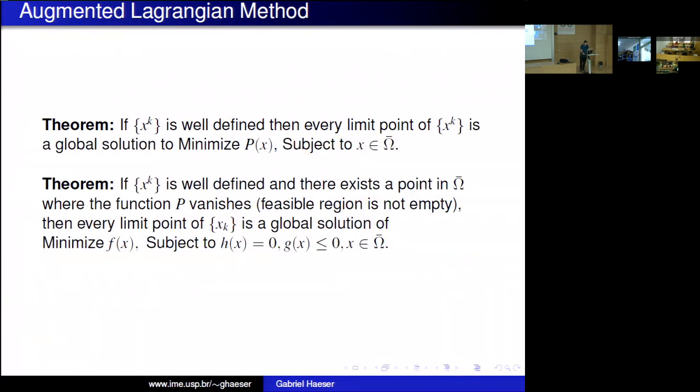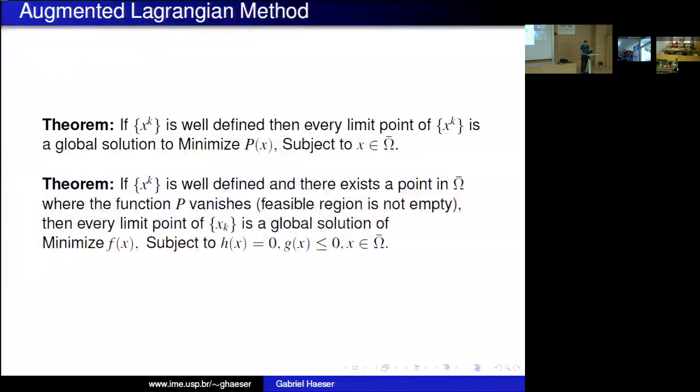If this sequence is well defined, then every limit point is a global solution to the problem of minimizing infeasibility, to minimize this infeasibility measure. And if there is a feasible point, then every limit point will be a global solution to the problem.